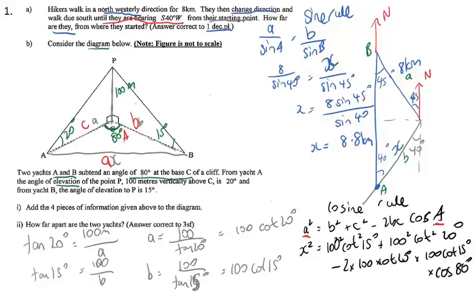Our X will be the square root of all of this, and if we put this into our calculator, we're going to get 423, correct to 3 significant figures.